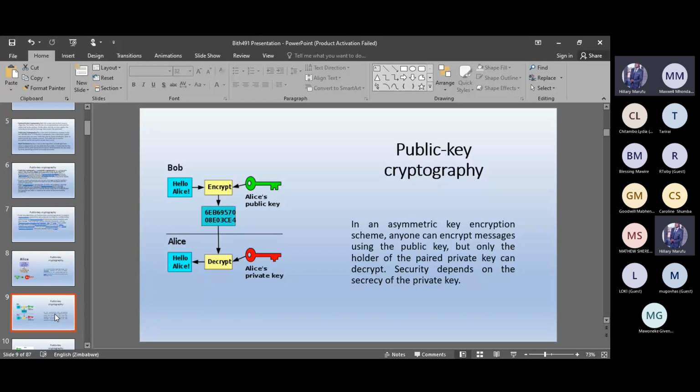But no one knows the private key of Alice except Alice. So when the message is circulating, probably in the network, everyone will try to decrypt it, but they will fail because they don't have Alice's private key. Alice already has a private key. Then it's decrypted. That's the basis of public key cryptography or asymmetric cryptography.